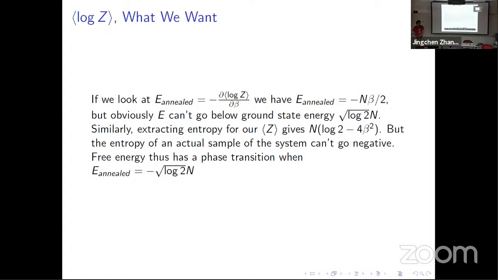As you raise beta, the energy becomes more and more negative, and then you hit the ground state, and there's a phase transition. That's physically what's going on, and that would be very detectable in a lab. There are analogous systems, spin glasses you can have in a lab, and you would detect this phase transition. You, of course, wouldn't detect replica symmetry, because replicas are a mathematical trick. You don't build replicas in a lab, but you would detect the underlying phase transition in the free energy.